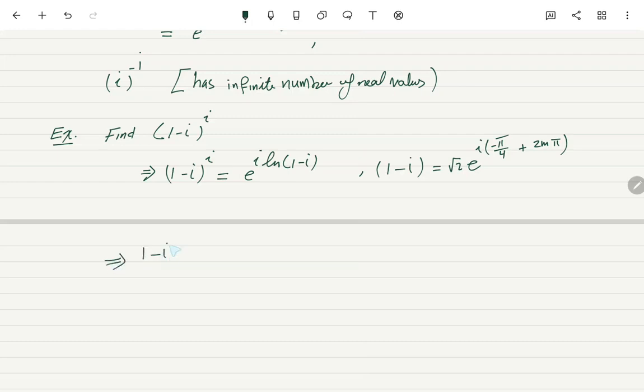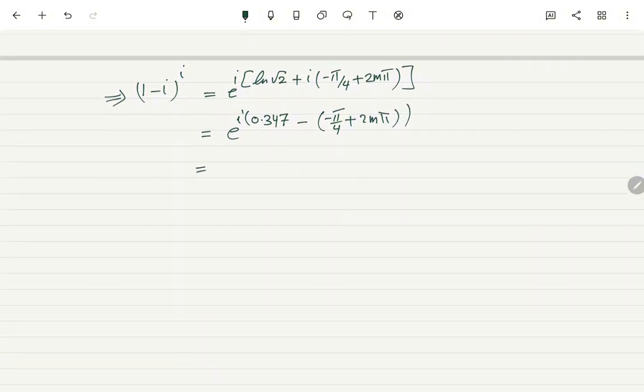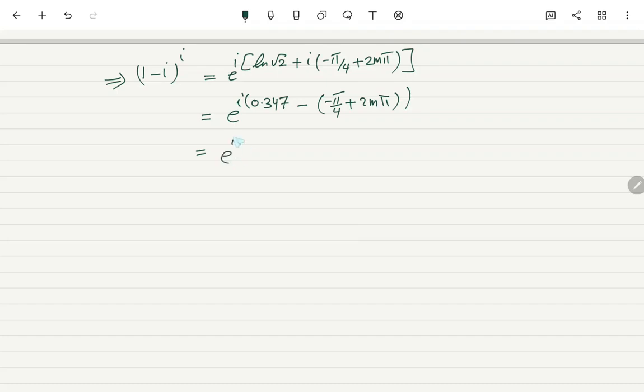Therefore 1 minus i to the power i equal to e to the i times ln square root of 2 plus i times minus pi over 4 plus 2m pi, or it's equal to e to the i times 0.347, ln square root of 2, minus pi over 4 plus 2m pi, e to the pi over 4 minus 2m pi.